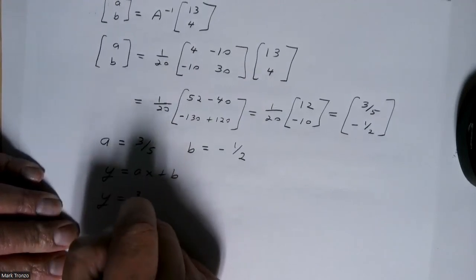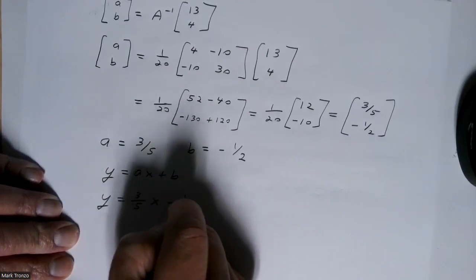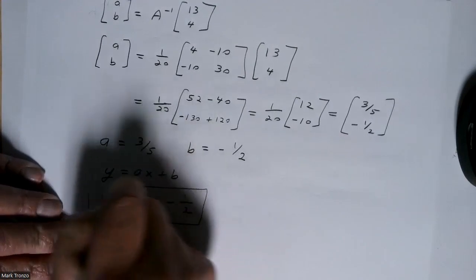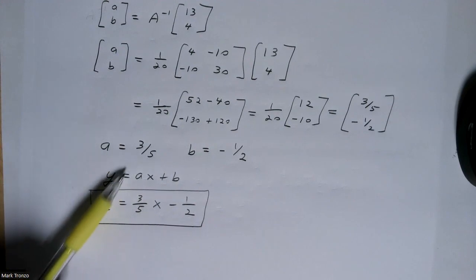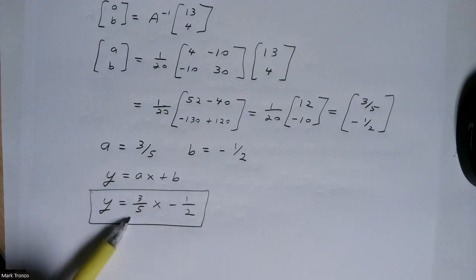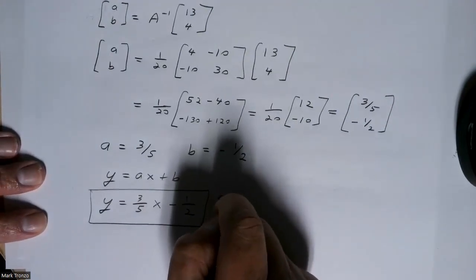So our best fit equation to those points is going to be that. We solve for A and B, and this is the best fit line.